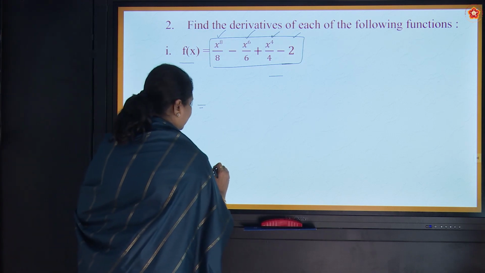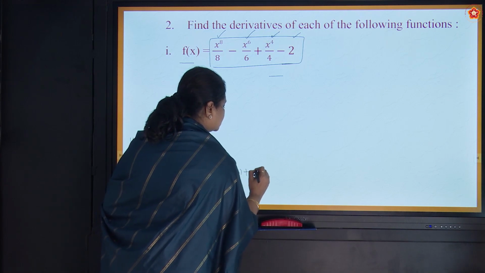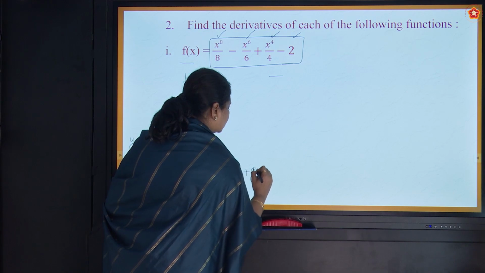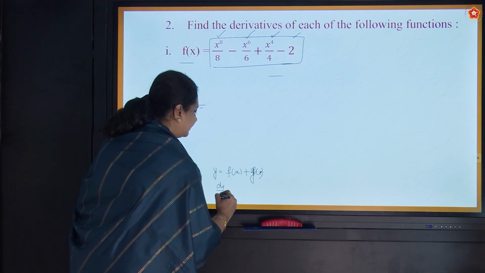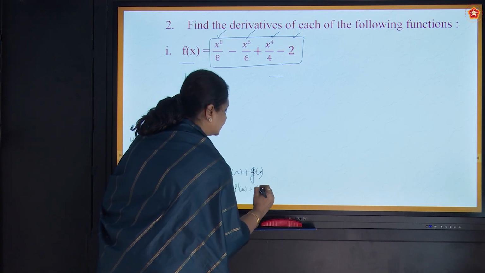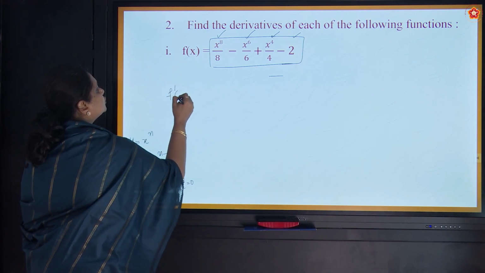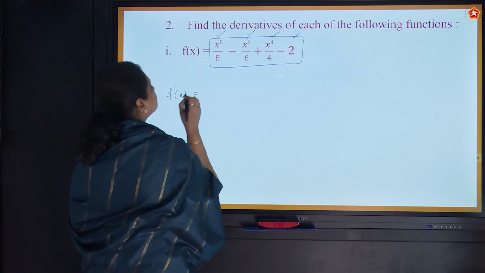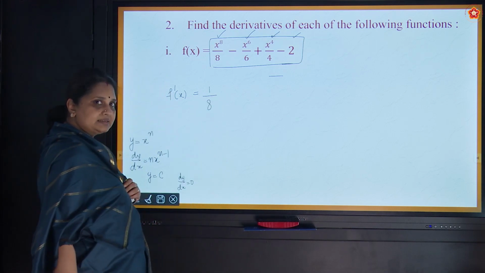So when my y is given as combination of functions, sum or difference of functions, when I differentiate my y, I have to differentiate every function on the right hand side. So my f dash of x is going to be equal to, so what's the coefficient? The numerical coefficient is going to be 1 by 8. Keep it as it is.